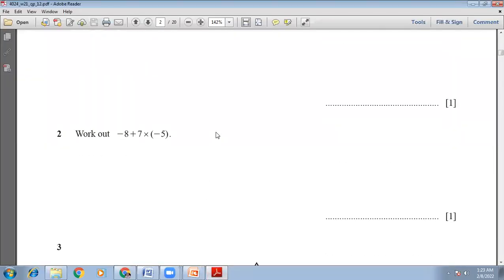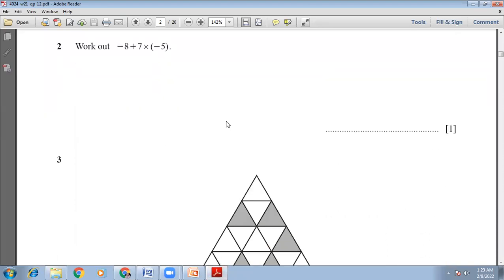Okay, so the next question, question number 2. Work out -8 plus 7 multiply bracket start minus 5 bracket close. First of all, you have to multiply. So plus 7 will multiply with the -5, so it will give you -35.